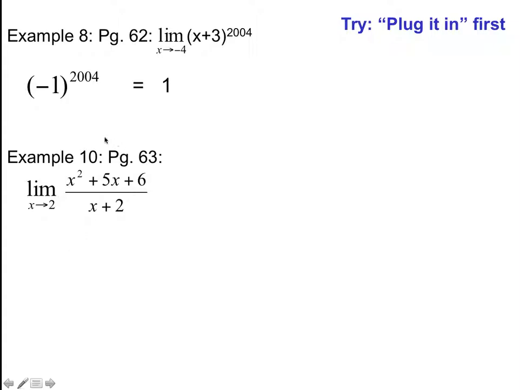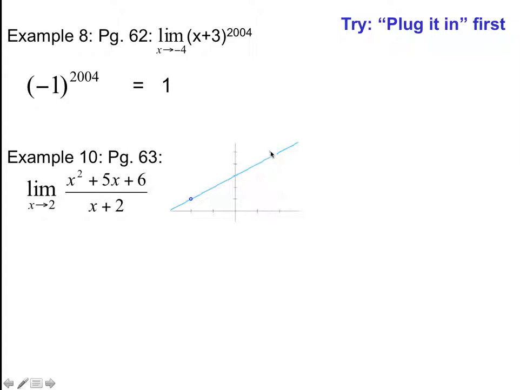Okay, let's take a look at this one. Let's try plugging it in here. So here is this function. I'm approaching 2. That's way over here. So as we can see, as I approach 2, I approach a location on this function that has a defined value.